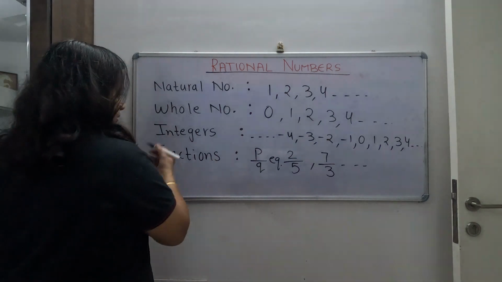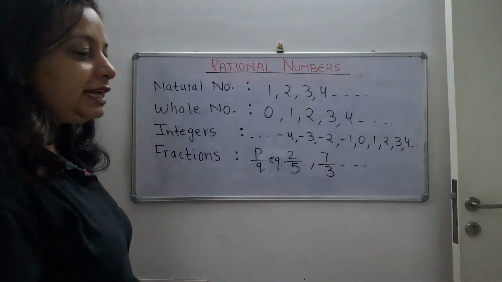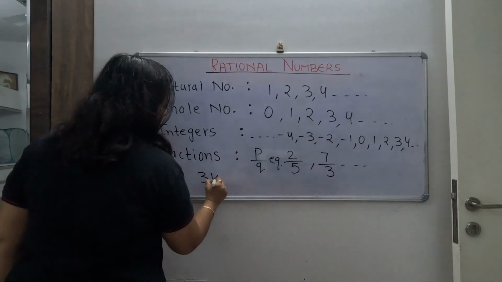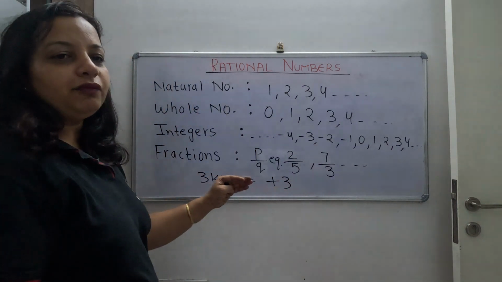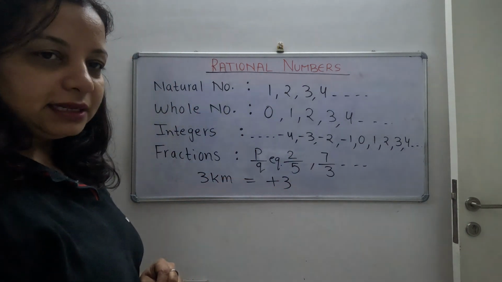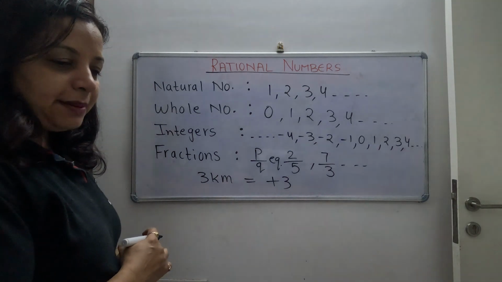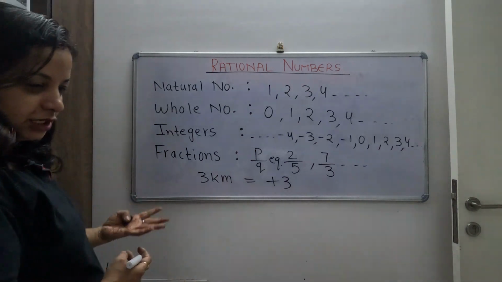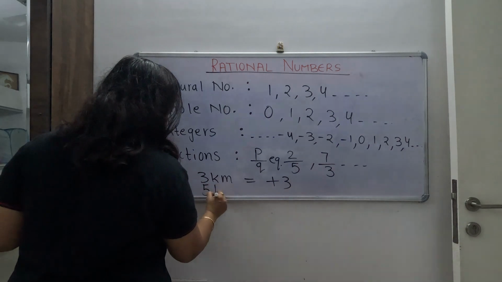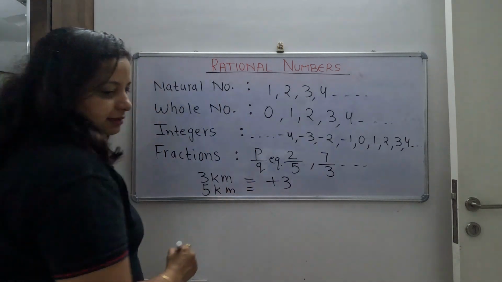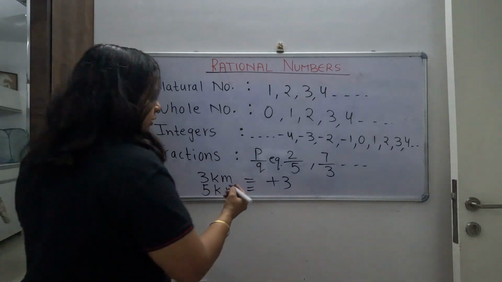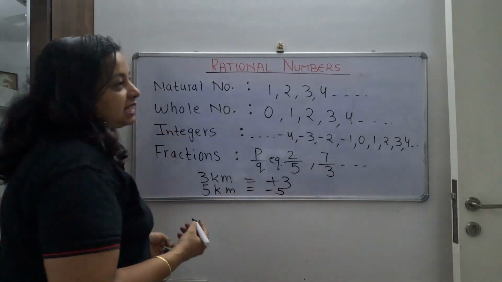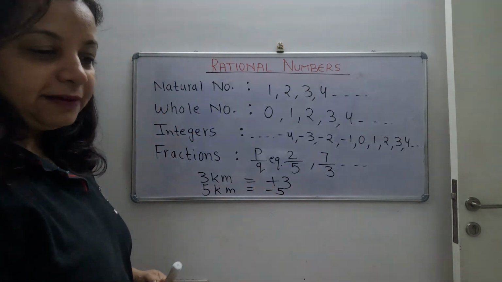We can denote it by plus 3 because we are moving to the right. Same if we need to denote 5 kilometers to the left of a place, then how will you denote it? Minus 5. These are the integers, right?